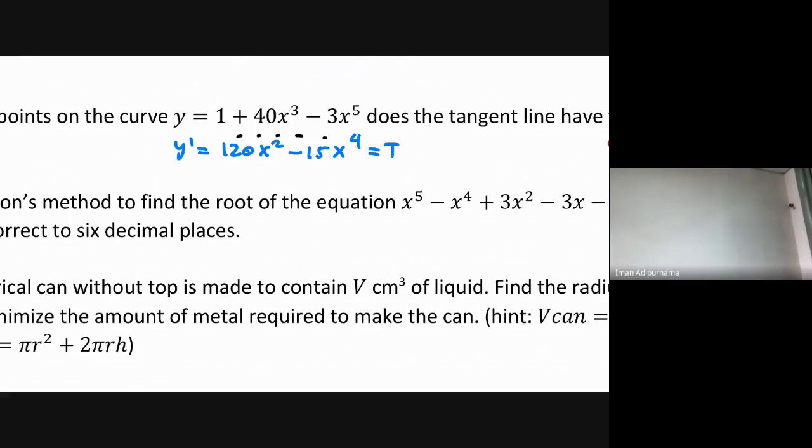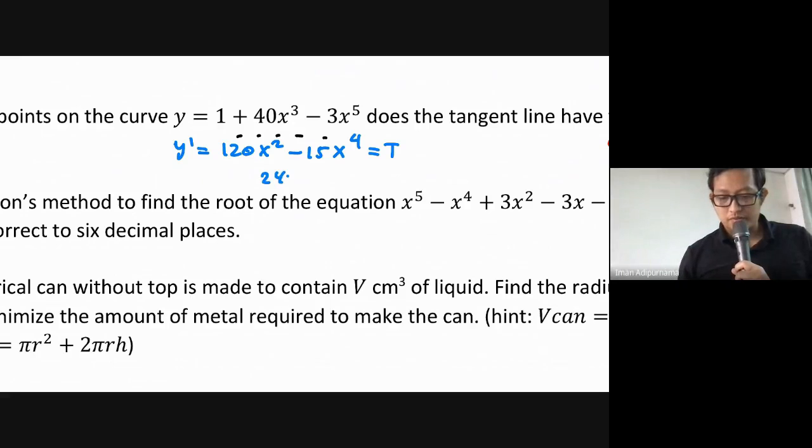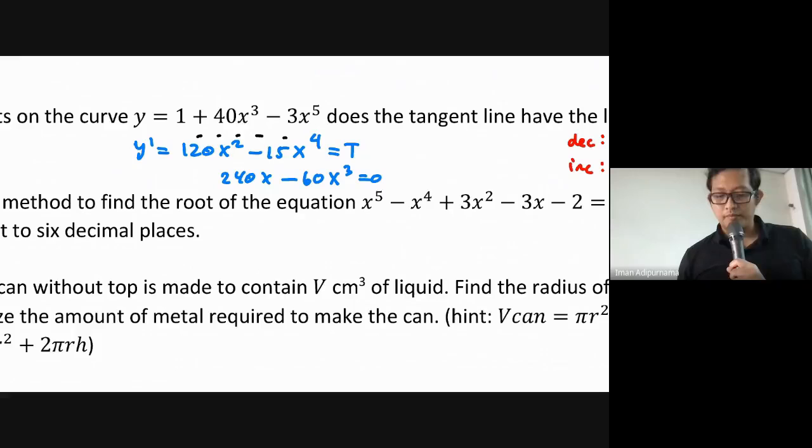So let's look for t prime, which is the y double prime. So it becomes 240x minus 60x^3 and equals 0.